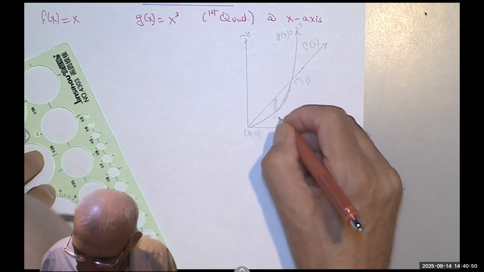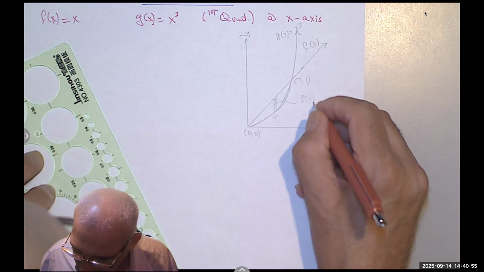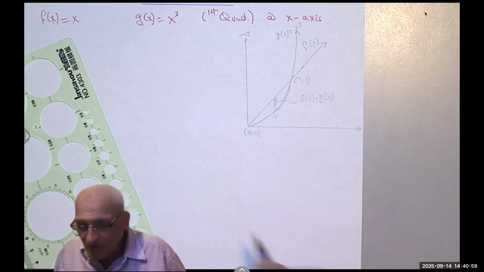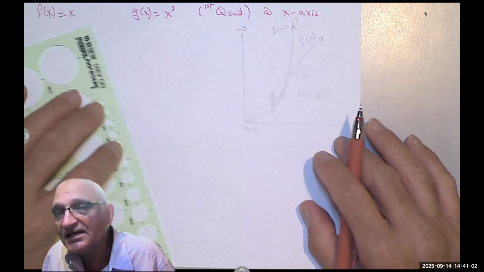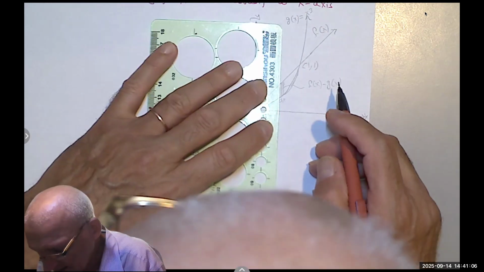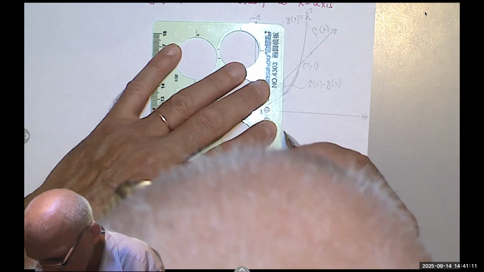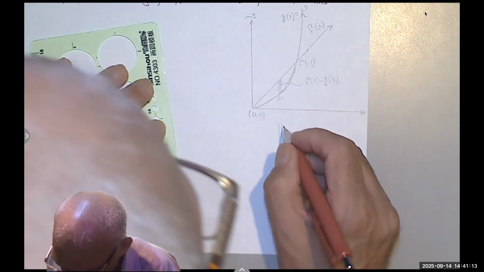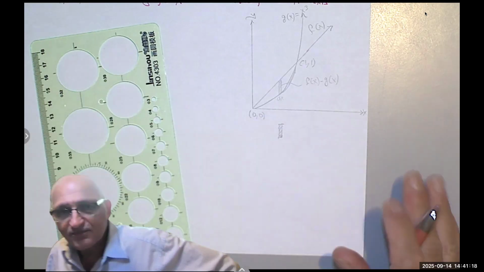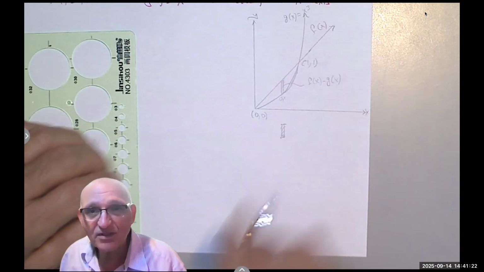If this is dx, the height here would be f of x minus g of x, right? And when I rotate it, what do you think we will end up having? Notice this piece is void, right? So you will get something that looks like that. And this should be identical to that. Of course, it's not identical, but it should be. And that distance would be exactly equal to that distance.